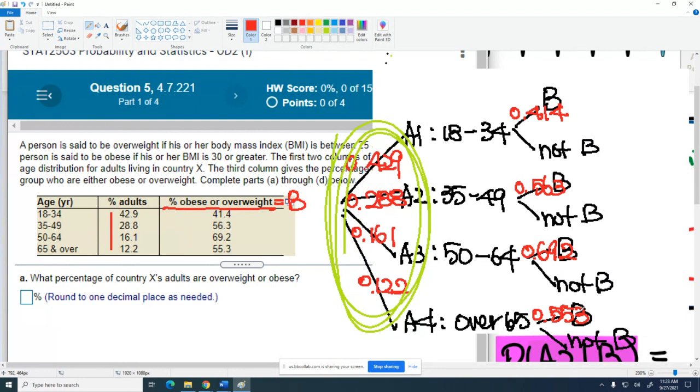And the other probabilities for not B were not given.